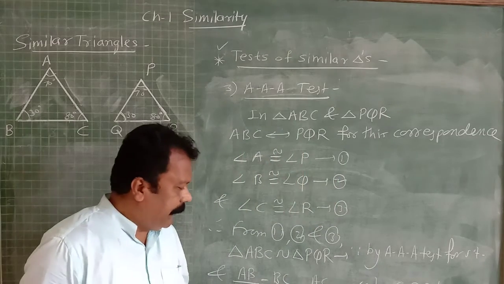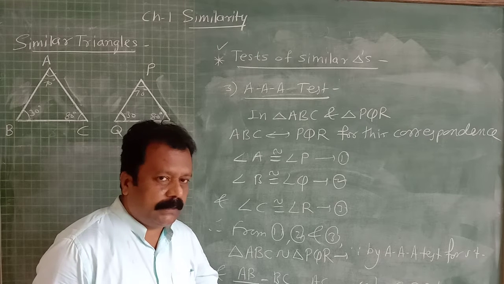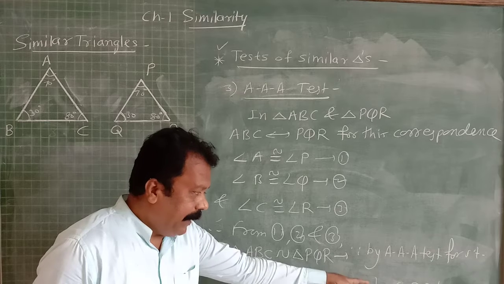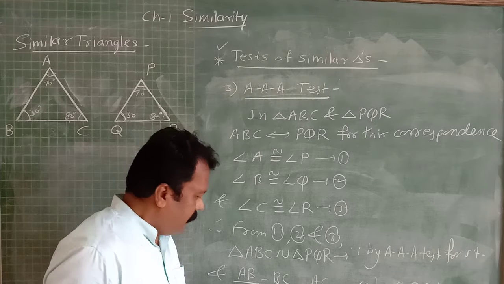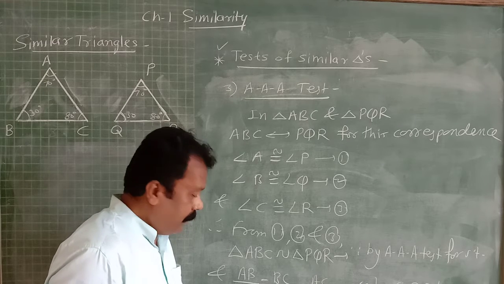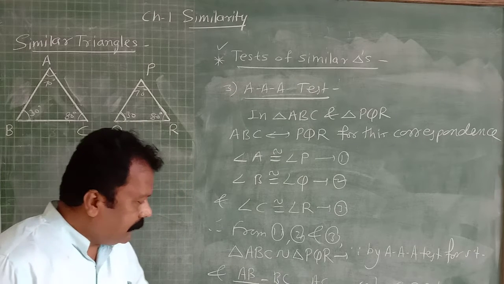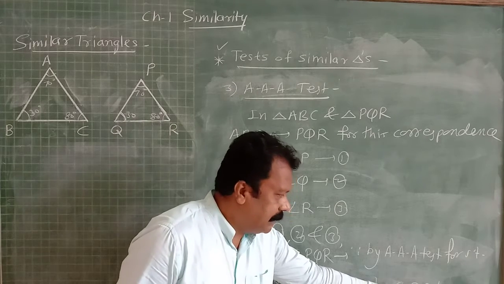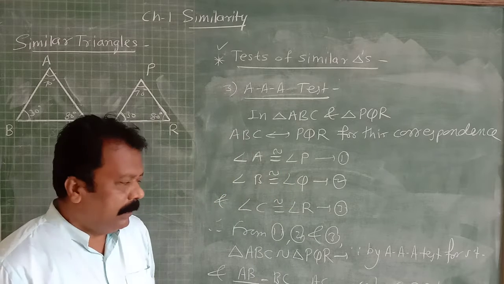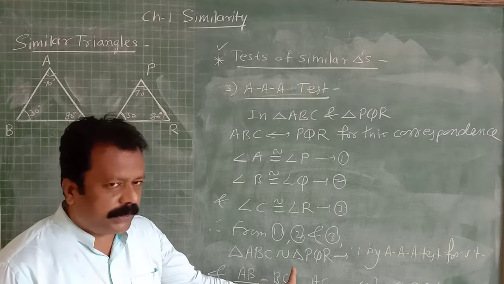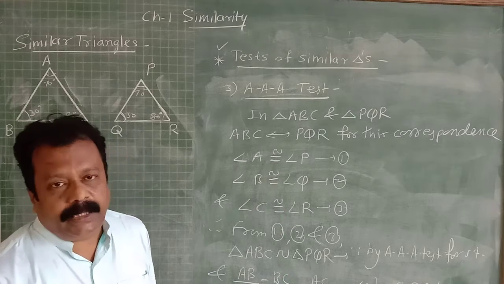These are the pairs of corresponding sides, and these sides are in the same proportion. So the reason is what? Corresponding sides of similar triangles. These are the sides of similar triangles, so they are in the same proportion. This is about the AAA test.